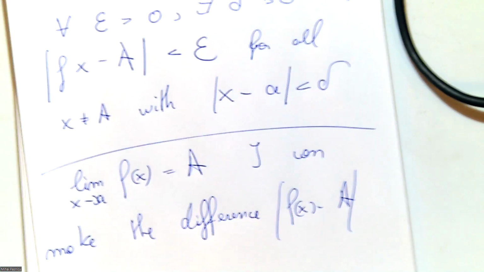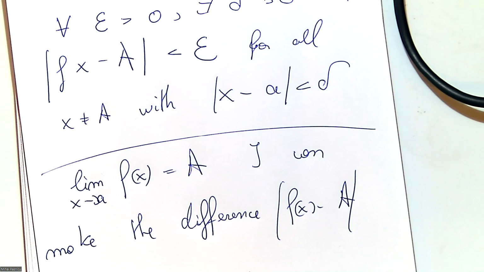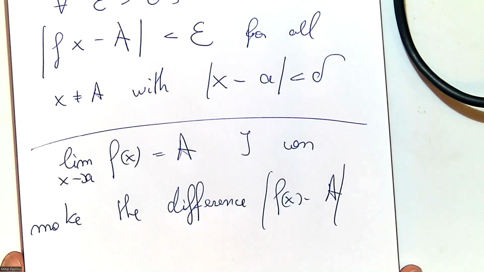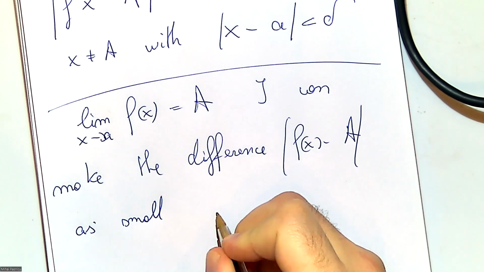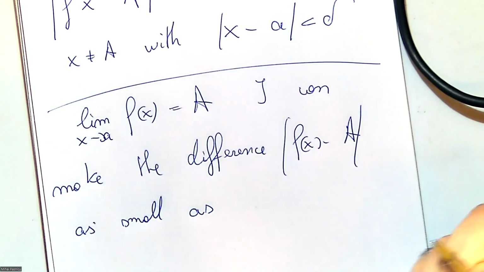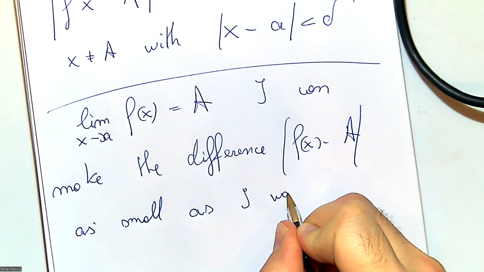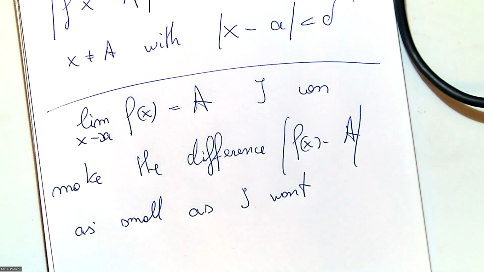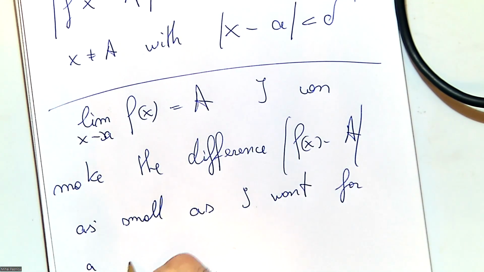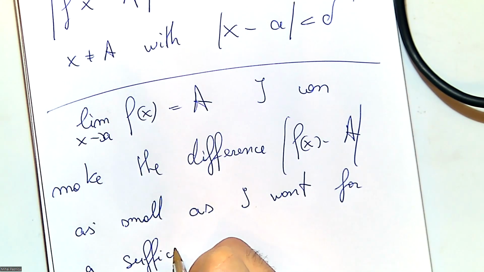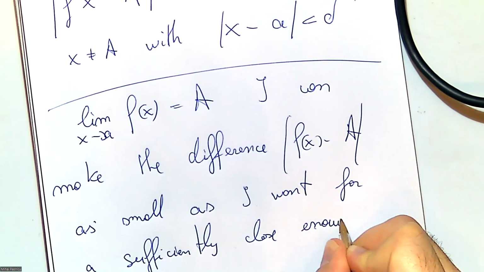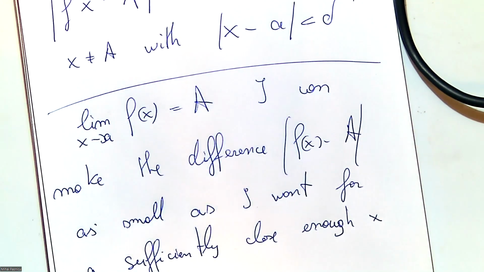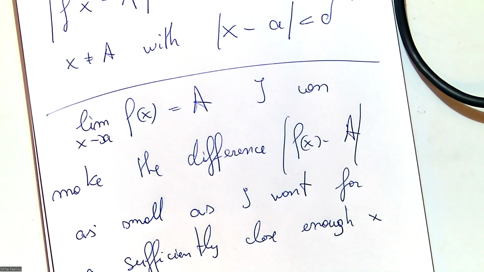This is just absolute value, so if it's minus 0.2, it's just 0.2. That is basically the definition.